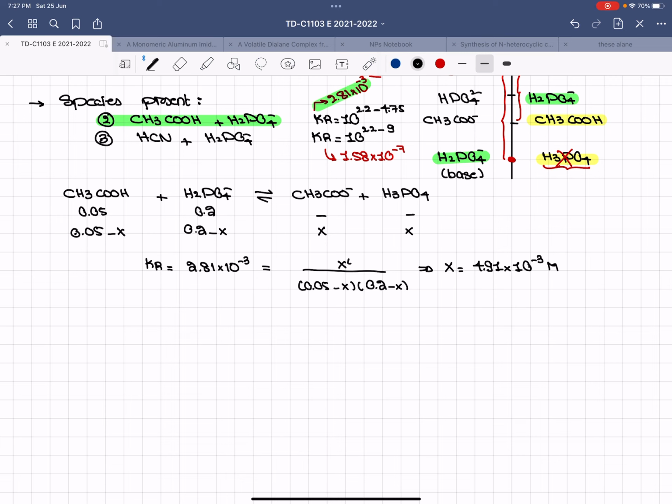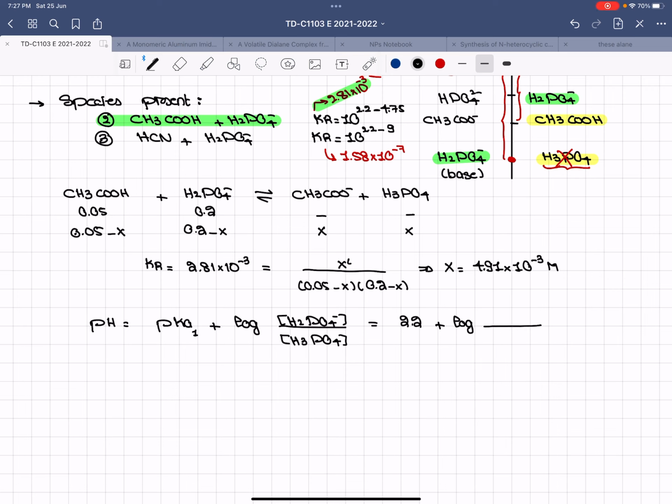So now I have x, the pH. You can use pH equals the pKa plus log of H2PO4 minus divided by H3PO4, and this is the pKa of the couple, 2.2 plus log.